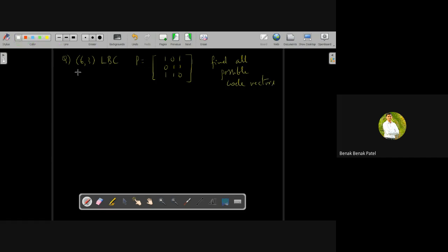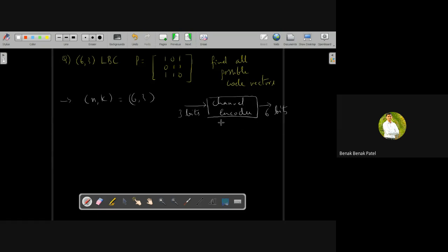So what information do I know? Do I know this size n comma k? Yes, that is equal to 6 comma 3. Meaning, to this channel encoder I'm trying to transmit 3 bits, and this channel encoder is outputting 6 bits.